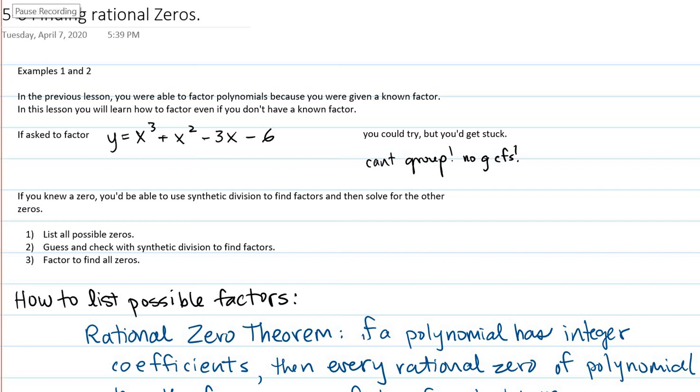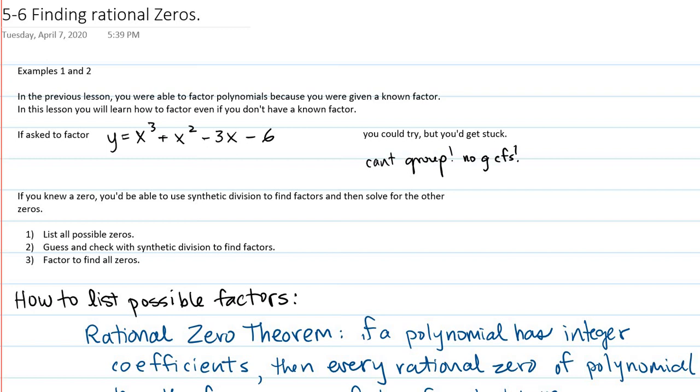Hello, this video is about finding rational zeros to polynomials. Basically it's going to cover Chapter 5, Section 6, Examples 1 and 2.